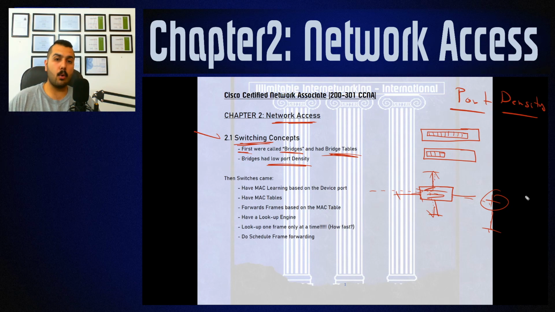How do they know how to do this? First of all, bridges had a bridge table: if someone wanted to reach a specified MAC address, then switch the frame to port number 1. If anyone wanted to contact another destination MAC address, then switch it to port number 3. Anyone wanting to talk to another MAC address, switch it to port number 5.